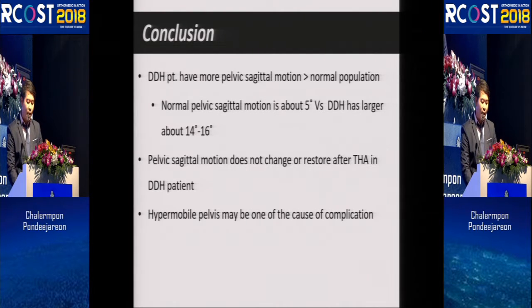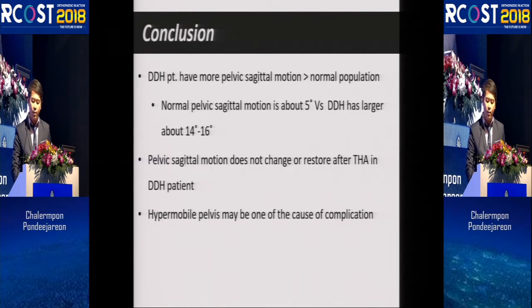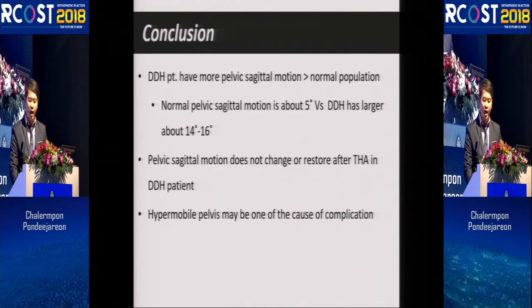The result implies that DDH patients have more pelvic sagittal motion than the normal population. Normal pelvic sagittal motion is about 5 degrees versus 14 to 16 degrees in DDH from our study. The large angle is from the posterior pelvic tilt that increases acetabular anteversion and inclination.